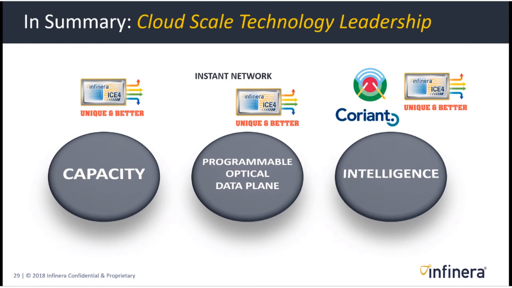The combination of the service-ready capacity in ICE4 and the commercial innovation of Instant Network created the industry's only programmable optical data plane. And it's clear that the innovation and development work done by Coriant for the Transcend Maestro solution can take us a long way to delivering the intelligence needed by cloud-scale operators in their next-generation network architectures.